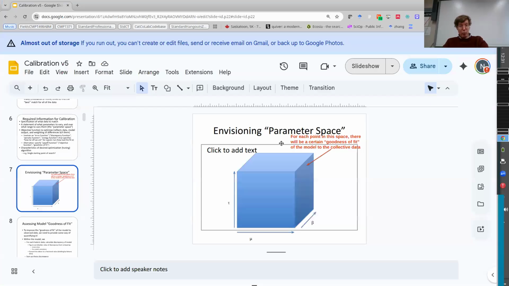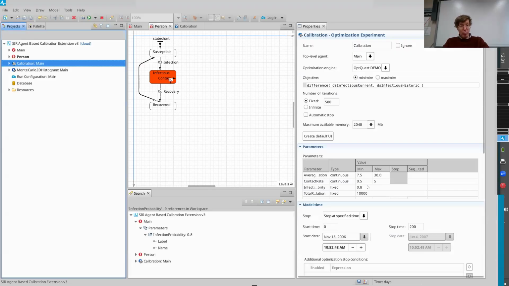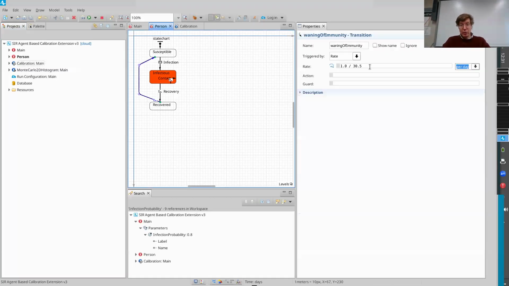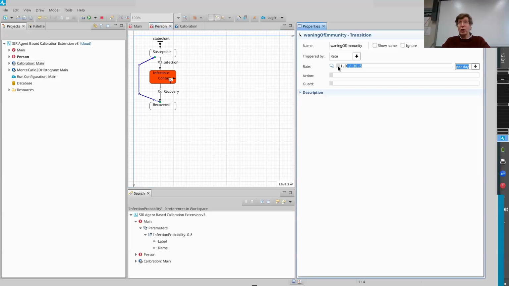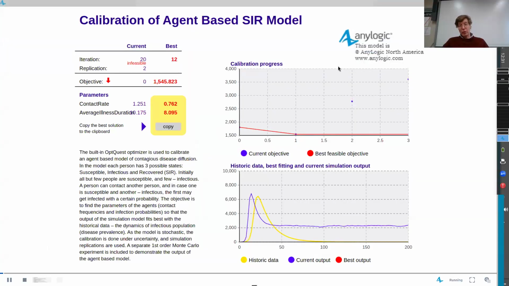Were we to expand our calibration to also match the timing with which waning of immunity occurred, if we were to define a parameter that was associated with this rate and adjust that, then we'd be talking, because we're adjusting parameters that ultimately affect the degree to which that added structure is in fact operational or realized.